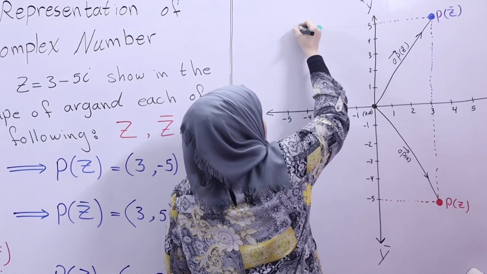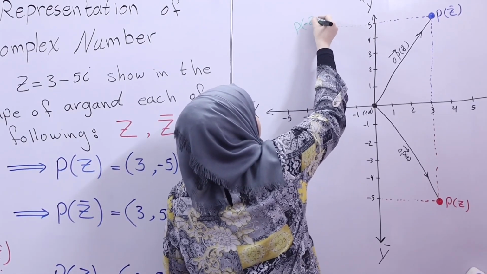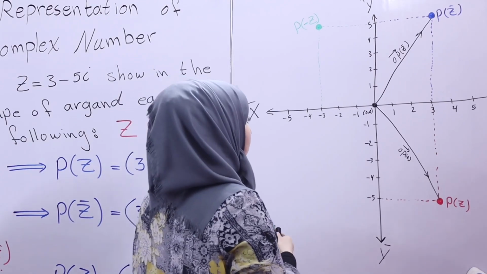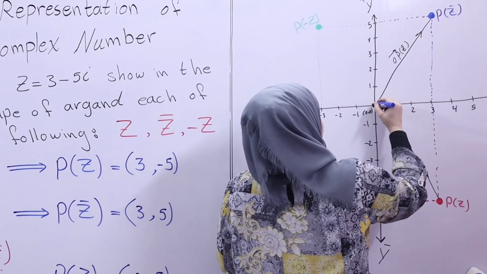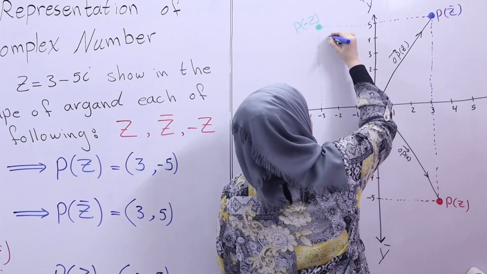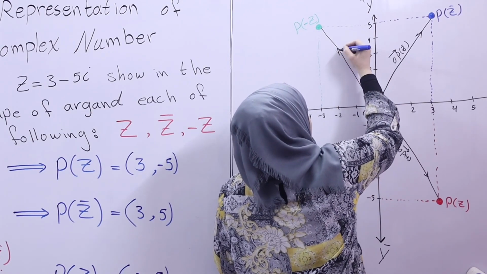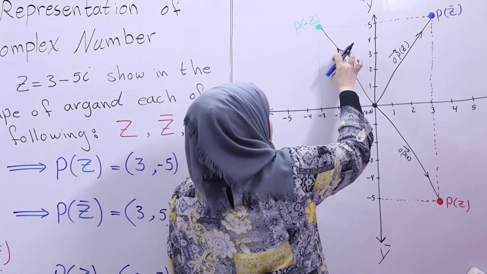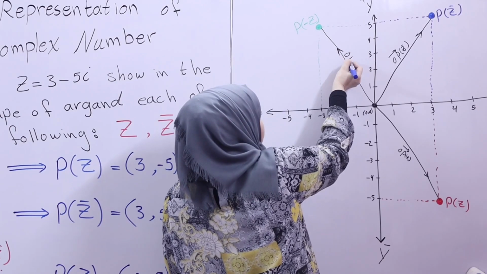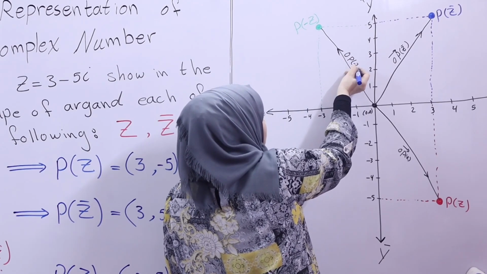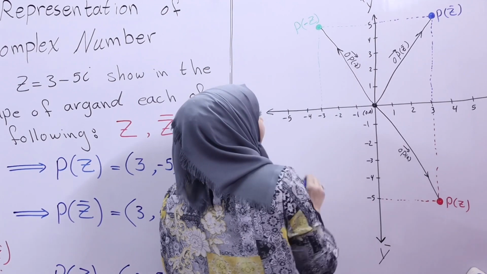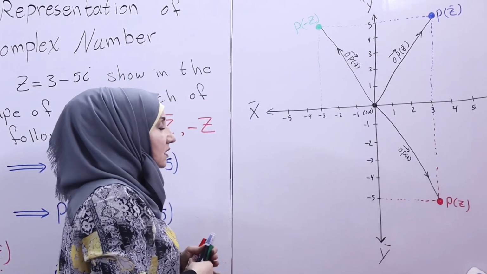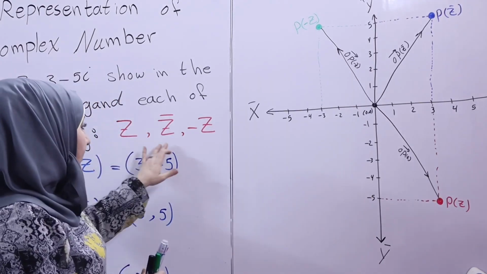So this represents the point of negative z. When we connect between the origin and the point of negative z, we get the Argand shape for the vector OP of negative z. So this is the representation of the 3 points.